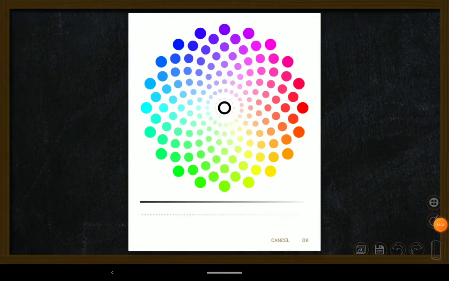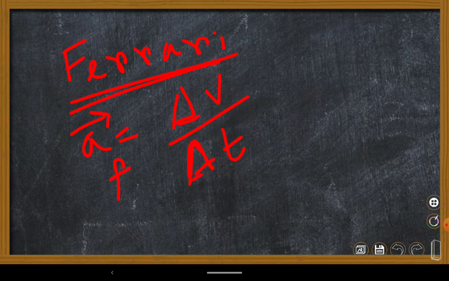Now, in the case of the Ferrari, we had the acceleration of the Ferrari equals the same thing, change in velocity by change in time, and it's a vector quantity.